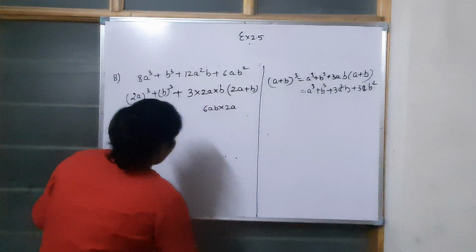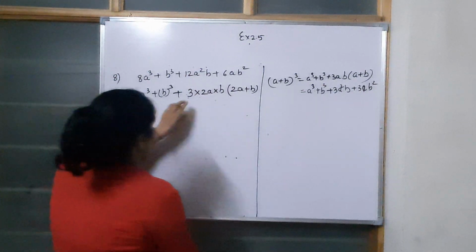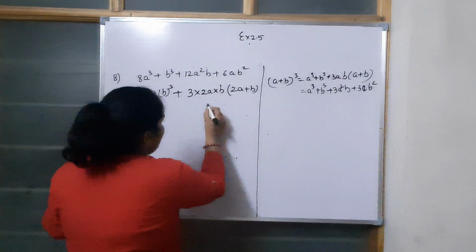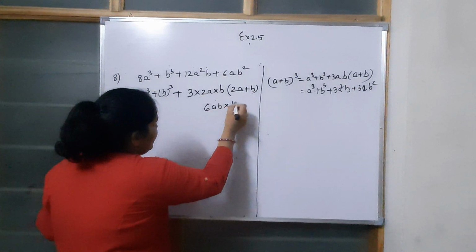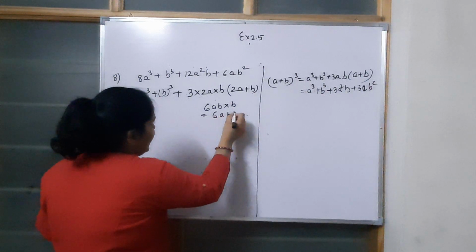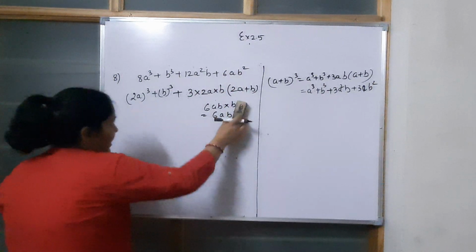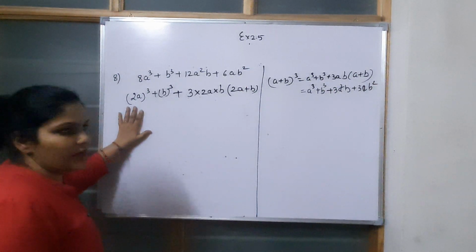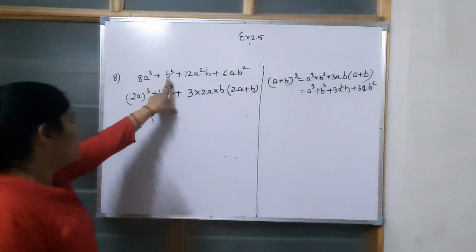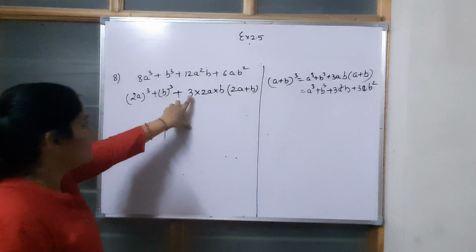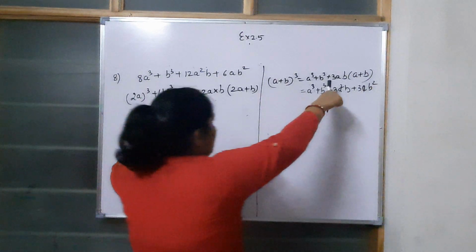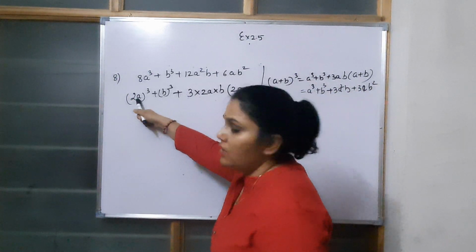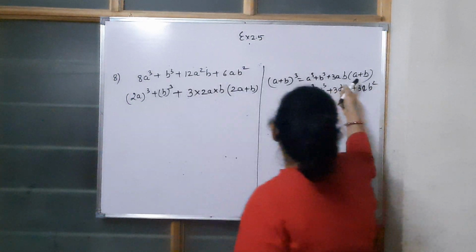Now let's check the second term. 3 2s are 6, 6ab multiplied with b. So this is 6ab square. Yes, we have it. Again, 8a cube can be written as (2a) whole cube, this is b cube, and 3 into a into b with 2a plus b inside the bracket.